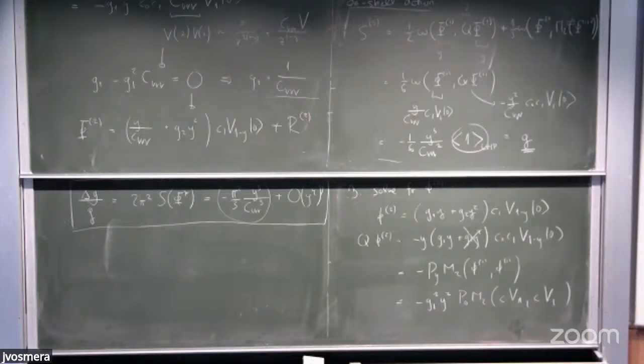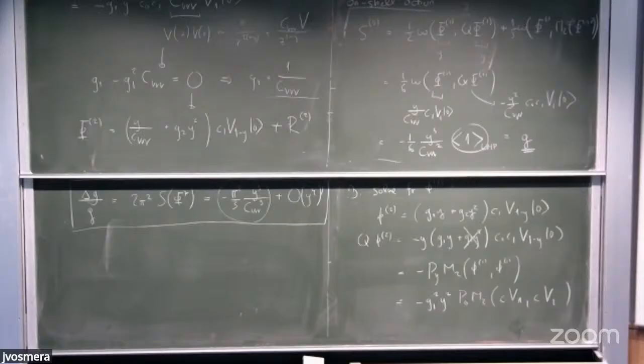Can you clarify the difference between this relevant deformation and the previous continuous deformation? Because here Y is very similar to lambda before. Can you just emphasize the difference? So you're asking for the difference between the relevant and the marginal cases? Yes.